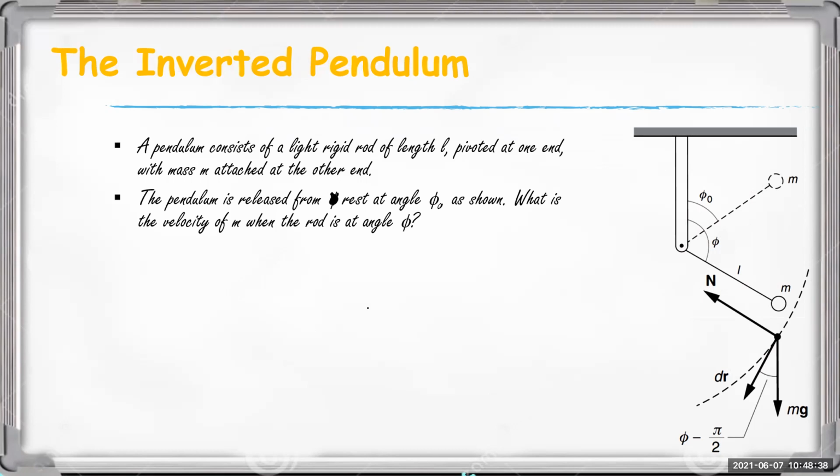Using the work energy theorem, the change in kinetic energy is equal to the work done. In that case, what is the initial position? Phi 0. And the final position is at phi.